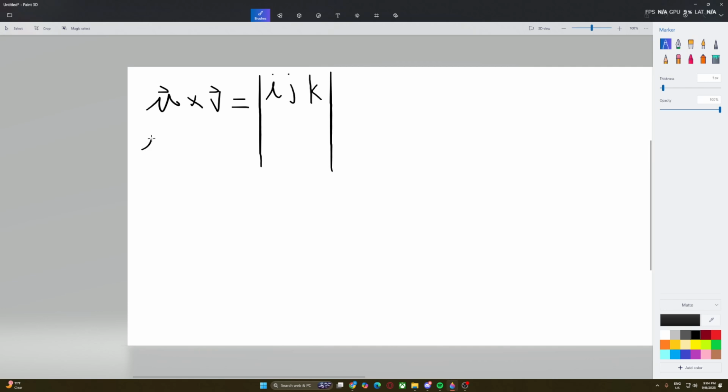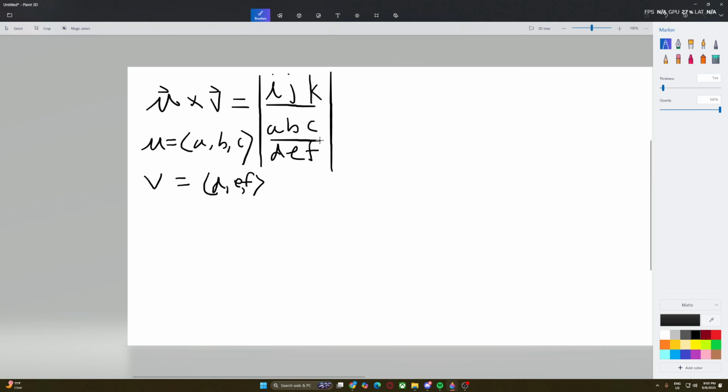Then we're going to say u equals A, B, C, and v equals D, E, F. Now this is why it's different from a determinant, because this has a vector and this is a number in the same matrix. So it's not a determinant, because a determinant is a number and we're getting a vector from this.